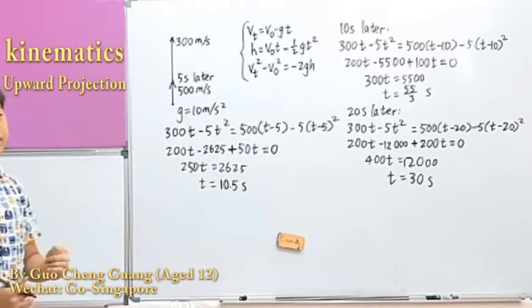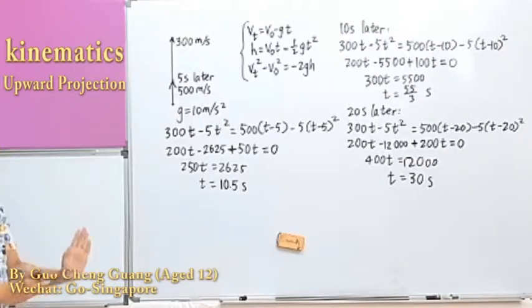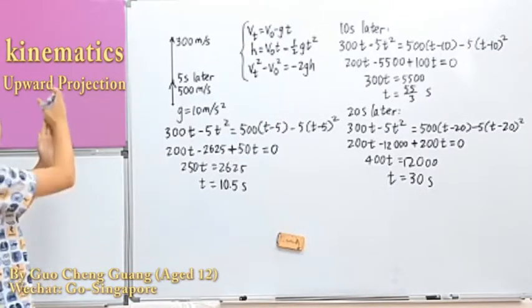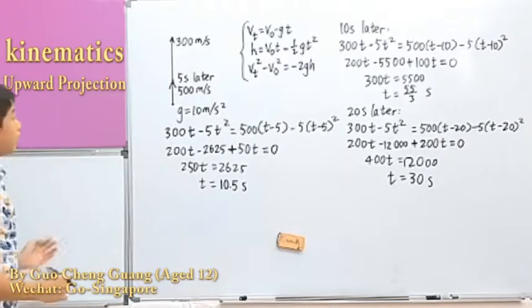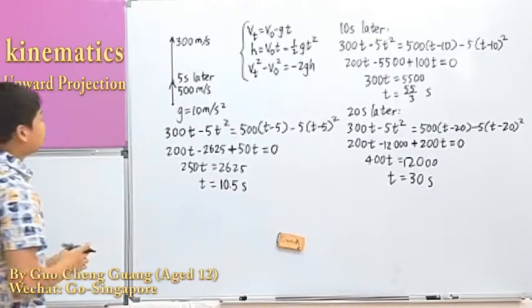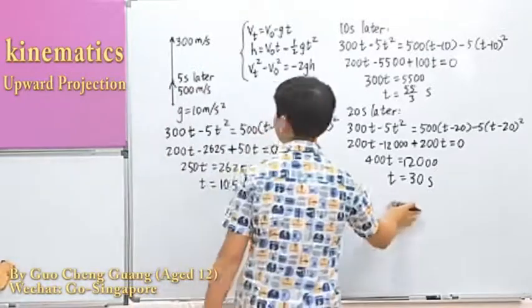So at this part, we're just checking whether that's all. Since there are different cases, it can be the first bullet is still going up, then the second bullet overtakes it. It can be the first bullet is just about to stop, then the second bullet comes. It can be the first bullet is going back down, then the second bullet goes over it. That means at this part, 30 seconds.